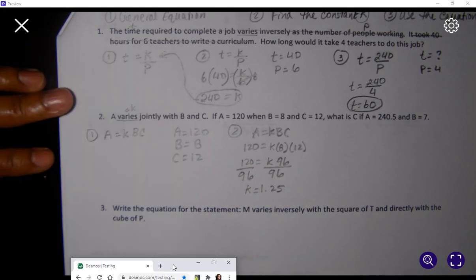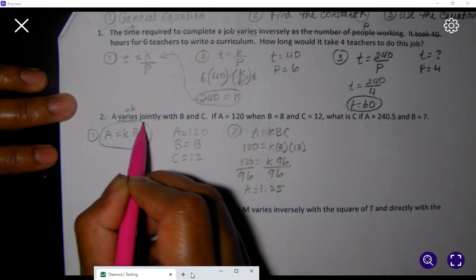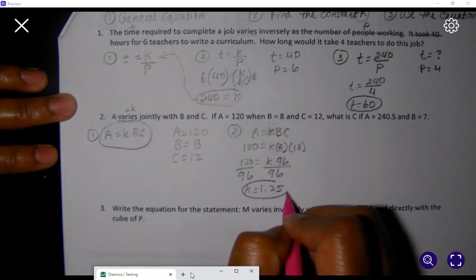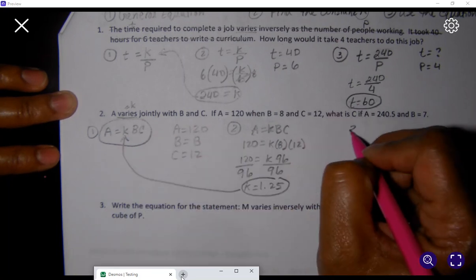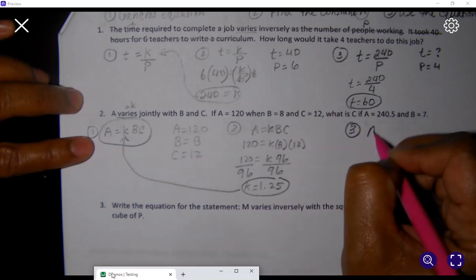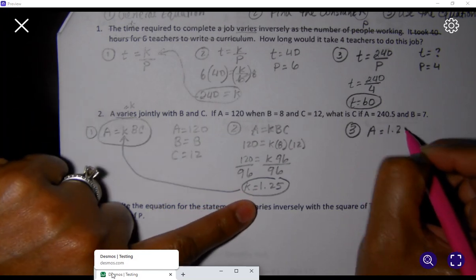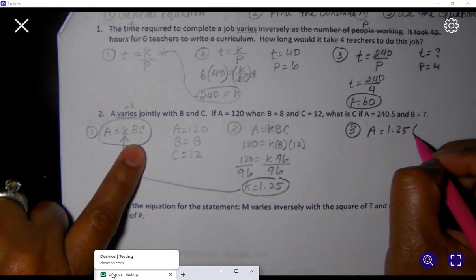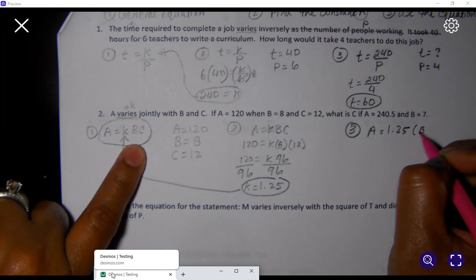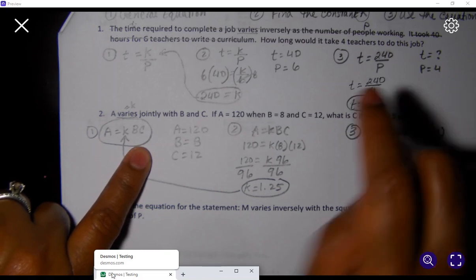And remember that as soon as you find K, so here's my general equation, I'm going to plug this into my K right here, and then I can use it for my third step. So you have A equals K, now K is 1.25, times B times C.